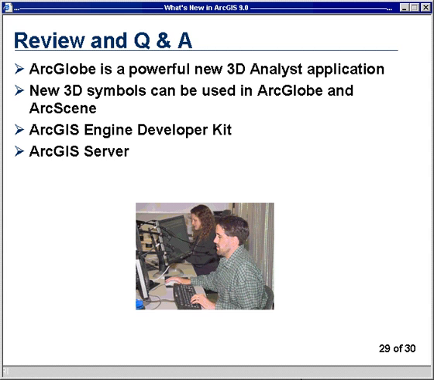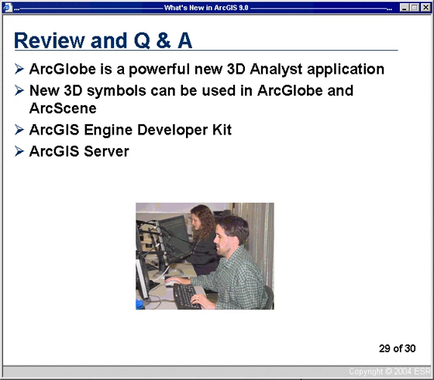So what did we look at? We saw that ArcGlobe is a very powerful new 3D analyst application. So we can view our data, we can query our data, and we can also make analysis directly from this application. We also saw that there are new 3D symbols that can be used in both ArcGlobe and ArcScene. So we can get more realistic representations of our points, lines, and polygons.